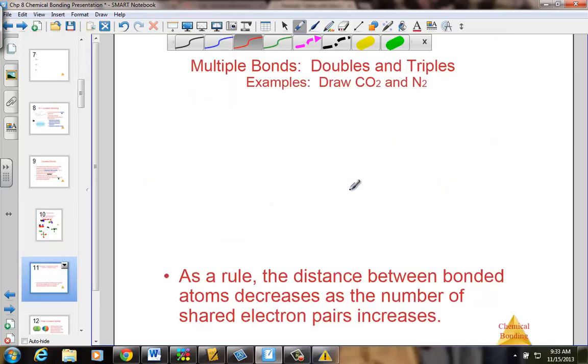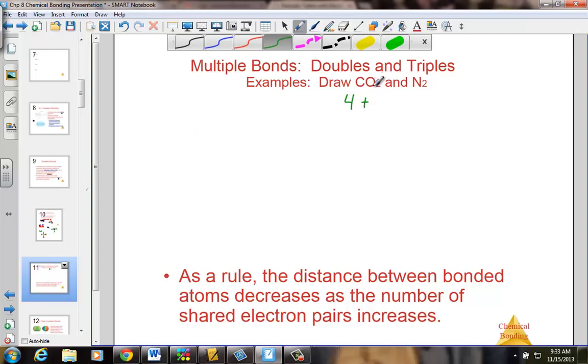Sometimes in order to achieve the noble gas arrangement, we'll end up drawing what are known as multiple bonds, either double or triple, but there really is nothing bigger than a triple covalent bond. If we consider a molecule of carbon dioxide, carbon with its 4 valence electrons will have 4 dots coming from the carbon.